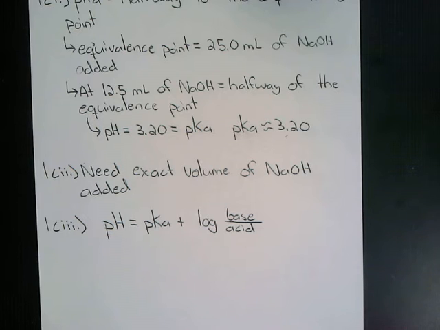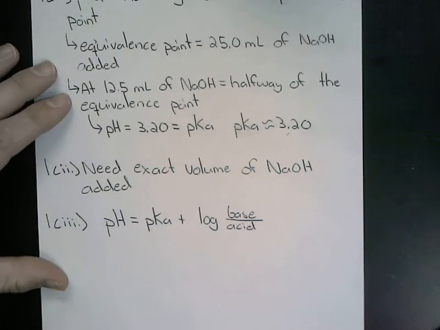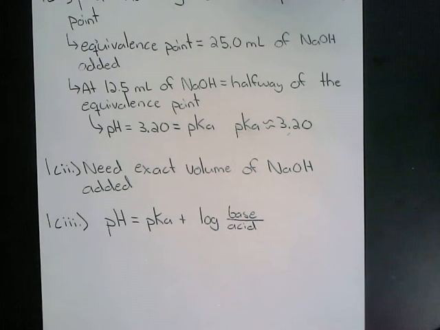Well, let's remember that at our pKa, the amount of original weak acid is halfway to the number of moles of base added. Okay, so for this to happen, your pH needs to be above your pKa value, okay?